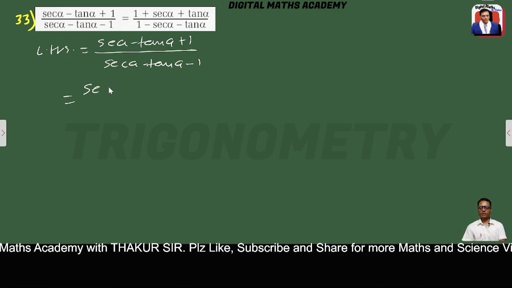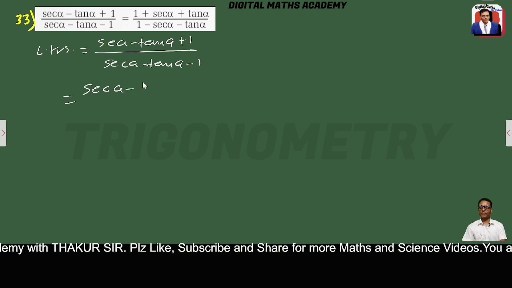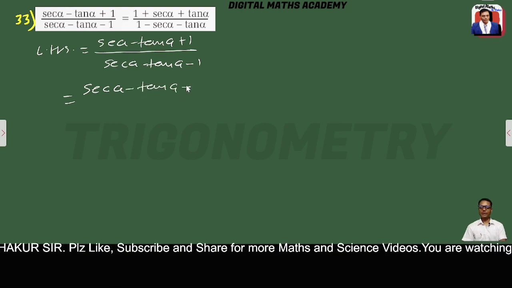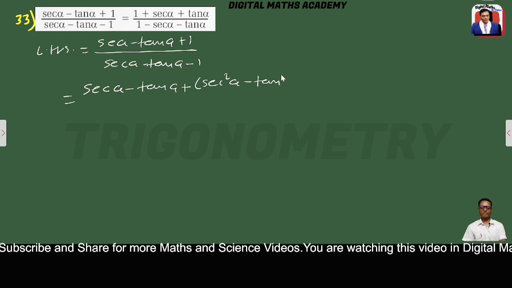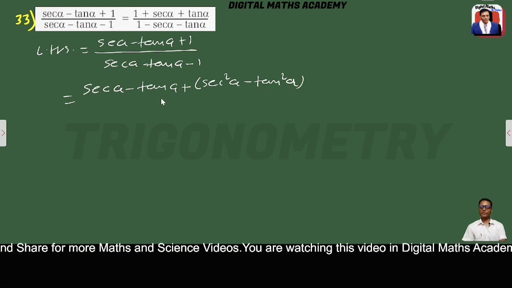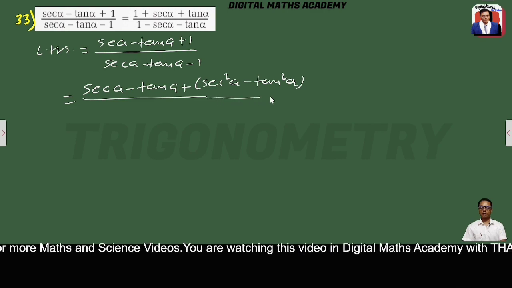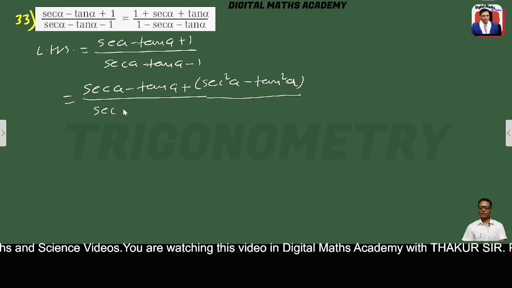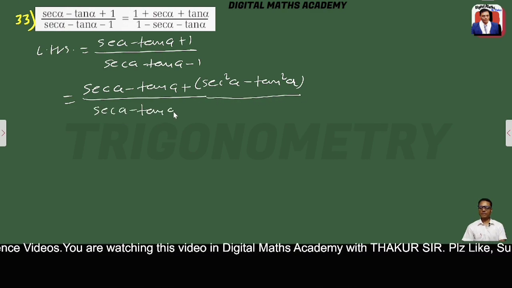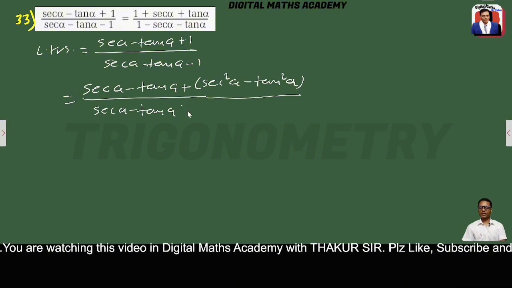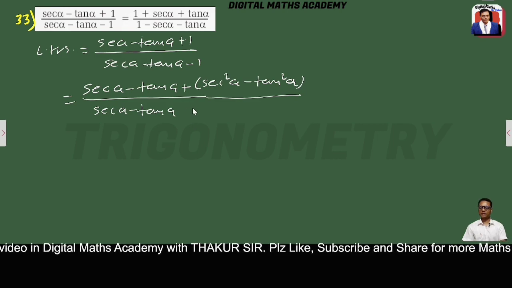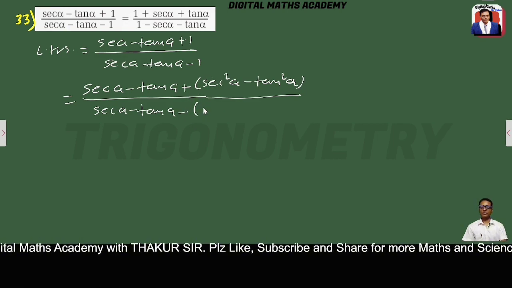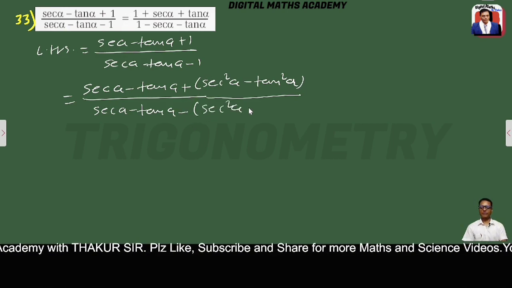So we write here sec α minus tan α, and at the place of 1 we write here sec²α minus tan²α, because that's equal to 1. And at the denominator also we write the same here, sec α minus tan α, and we write here minus, and inside the bracket we write here sec²α minus tan²α.